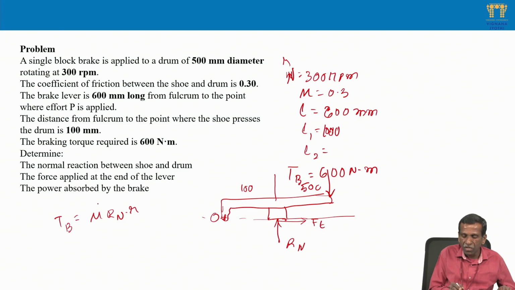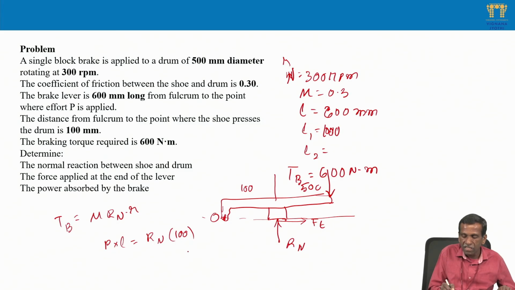The second one is the force applied at the end of the lever. In this case you have to take moments about the pivot, and you can write P into L equal to Rn into 100. So you can calculate P, the force applied at the end of the lever.